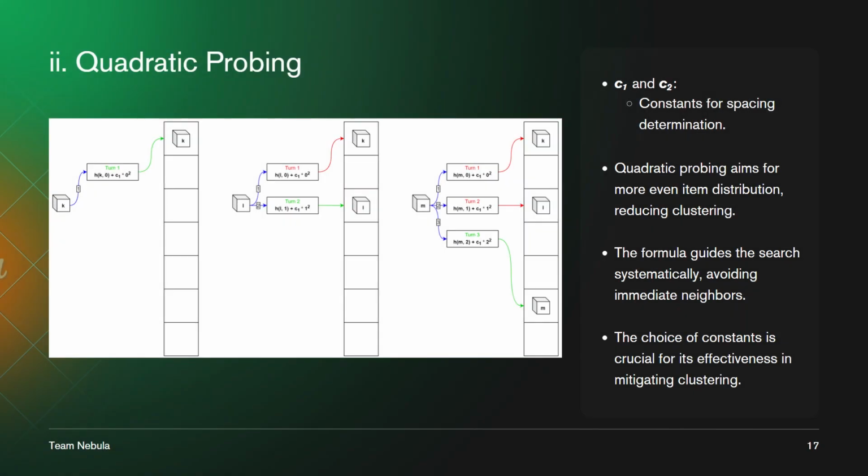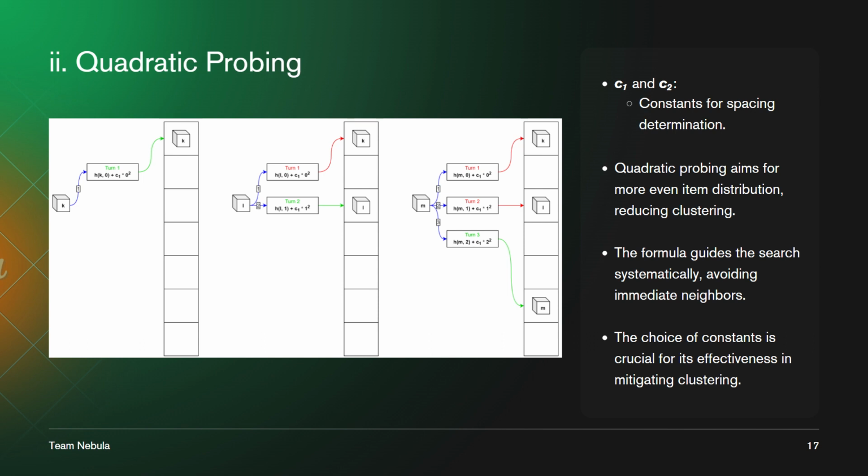Here is the formula we use to figure out where to check next. I know it looks complicated, but don't worry, I'll break it down for you. h'(k) is our trusty hash function. i is our counter, just like before, starting from 0 and increasing by 1 each time. c1 and c2 are positive numbers that help us space things out differently compared to linear probing.